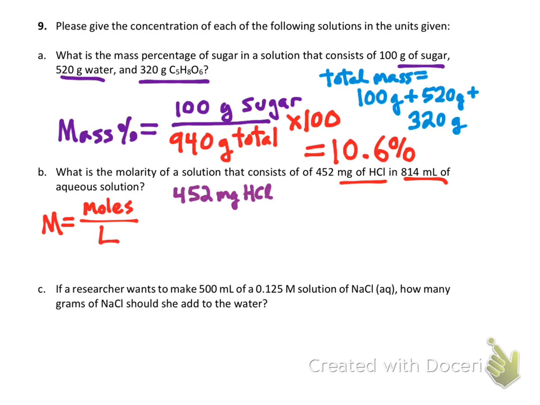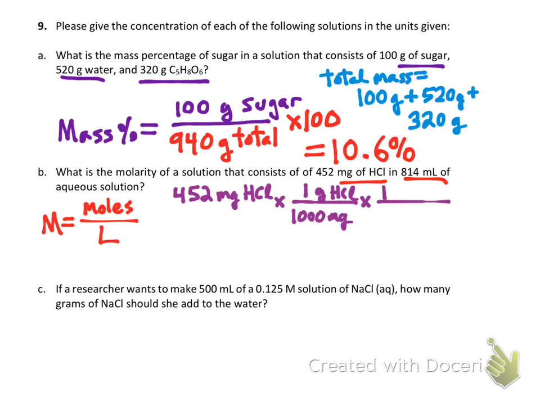We have 452 milligrams of HCl. In order to convert that into moles, first we need to turn it into grams. Remember that in 1 gram of HCl, as well as with anything, there are 1,000 milligrams of that substance. Then finally, we want to convert this into the universal currency of chemistry, moles.